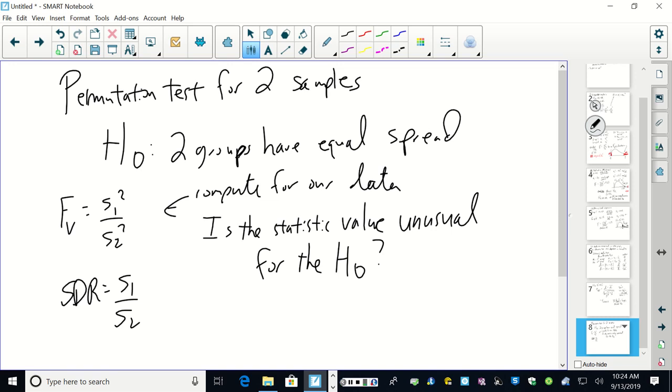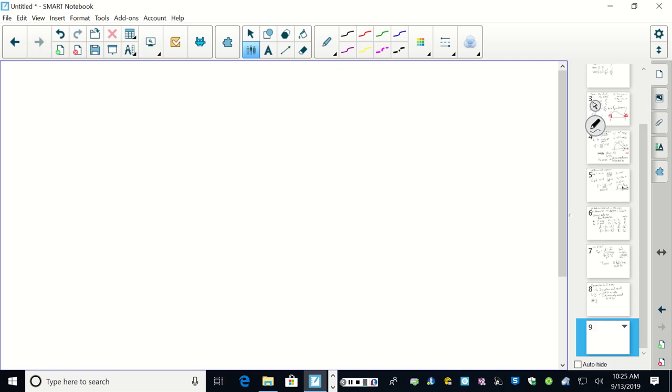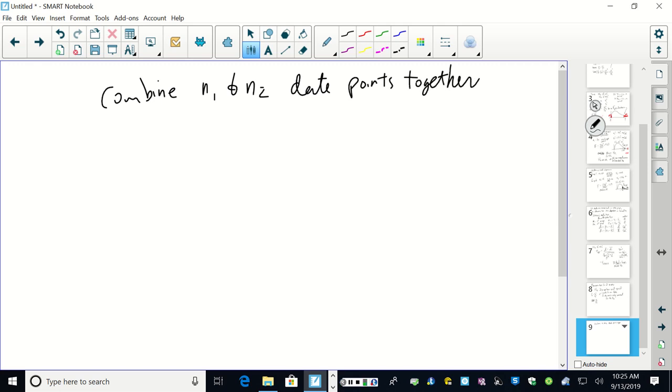Well, the permutation test says, if they have equal spread, we should be able to combine the data together, or at least some deviations. So with the permutation test, we're going to combine the N1 and N2 data points together. One version of this would be to say that there's no difference at all in these distributions.